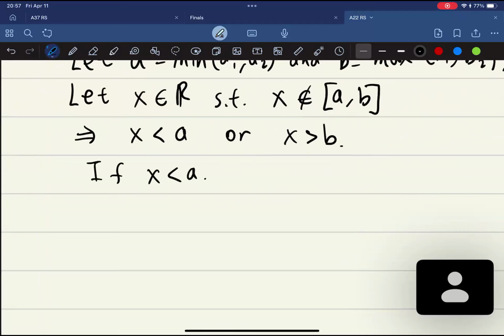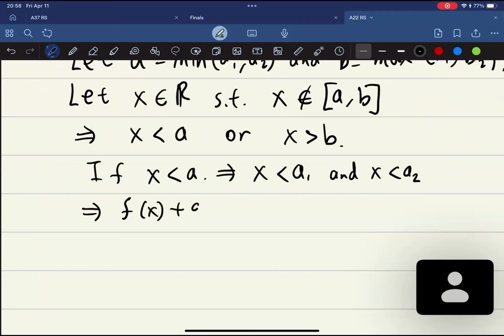If x is less than a, that means x is less than a1 and x is less than a2. This means that f of x plus g of x equals 0, and this is just the definition of f plus g.